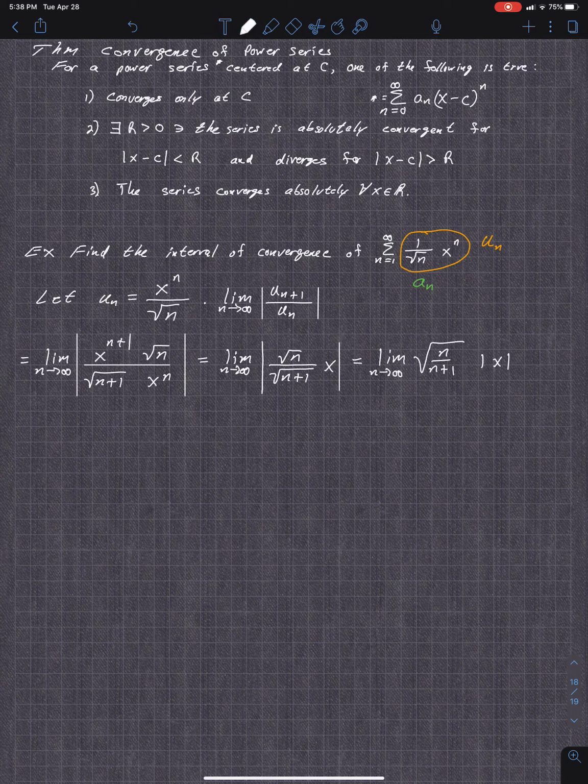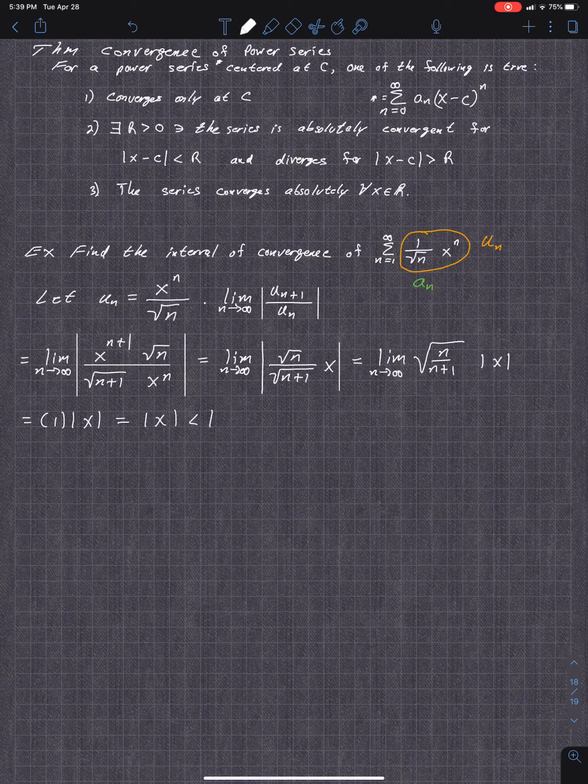So that has to be less than 1. Well, you take this limit. You can bring the limit inside the radical, and then you're just looking at this basically rational function, although it's integers. So you just get 1. So this whole thing goes to 1 as you approach infinity, and it's just dependent on that absolute value. So we get 1 times the absolute value of x, and the absolute value of x is less than 1.